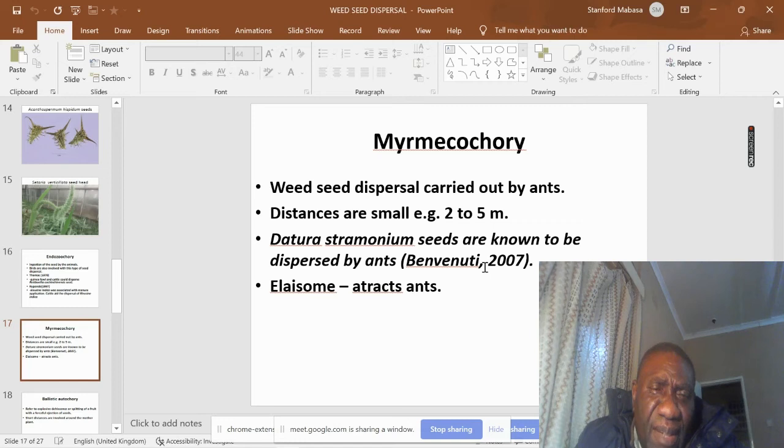Datura stramonium seeds produce a elaiosome, which is a chemical which attracts ants. This enables the seeds to be dispersed by the movement of the ants.